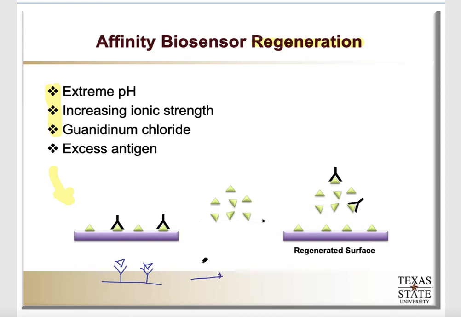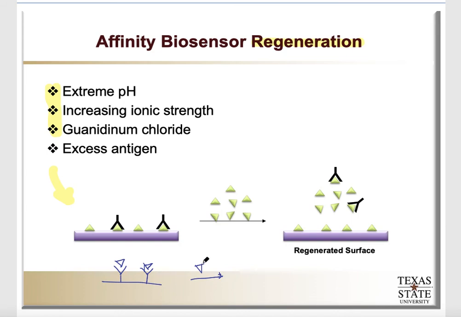And so when I add the antigen, there's going to be competition for that binding site on the antibody, and you're going to end up displacing some of that antigen as well. So that's one way to be able to remove the antigen from here.